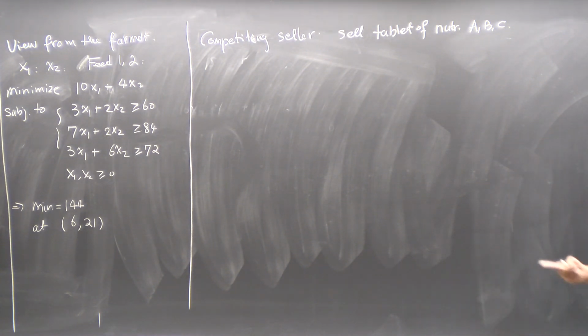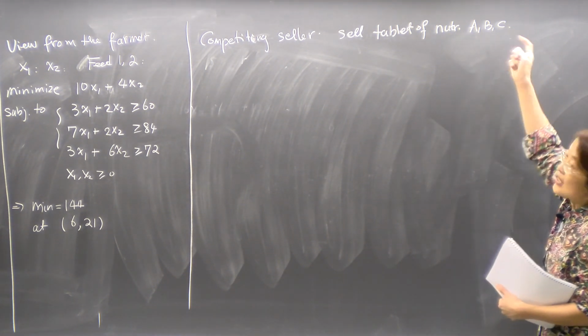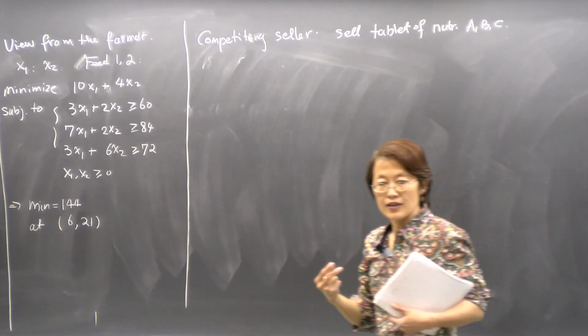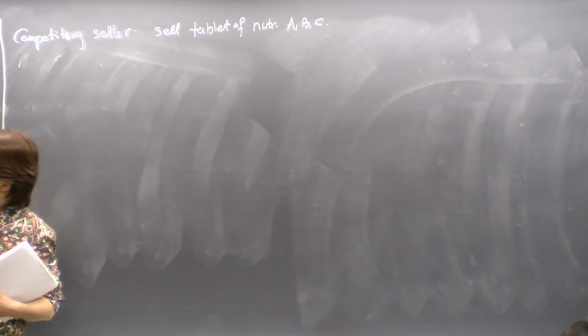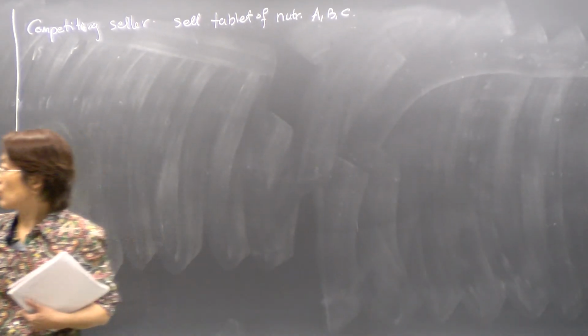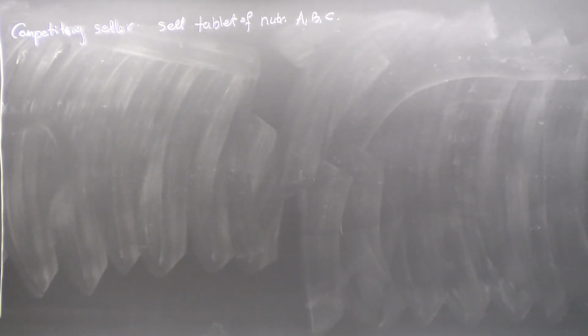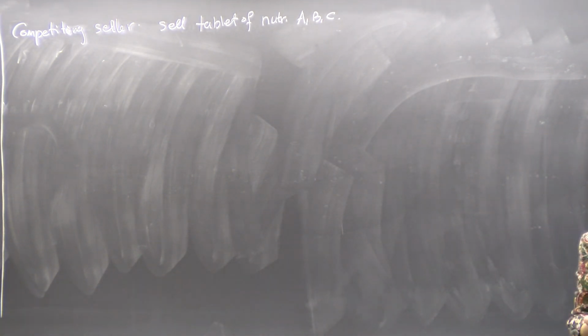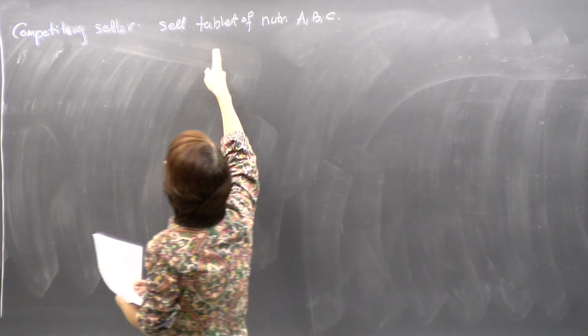How much do I charge for each tablet of A, B, and C, so that he could remain competitive for the farmer, and also he must meet the minimum requirement of nutrients for the chicken. That has to be met. Is that clear?